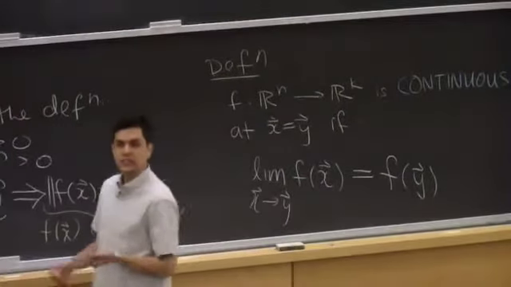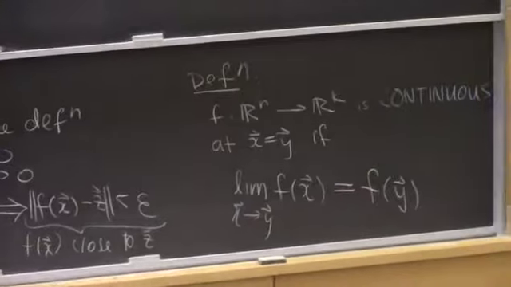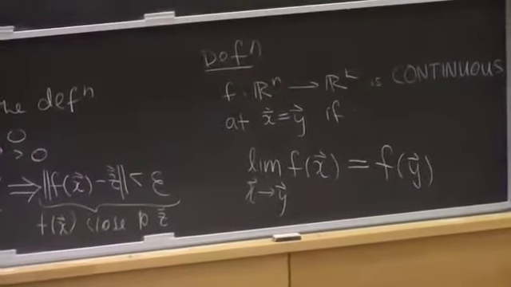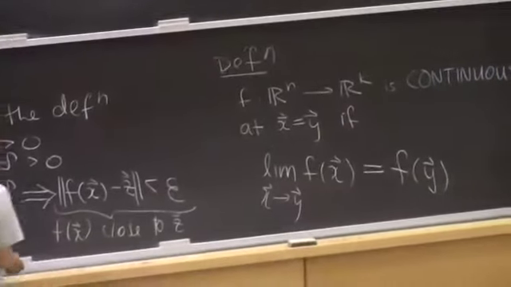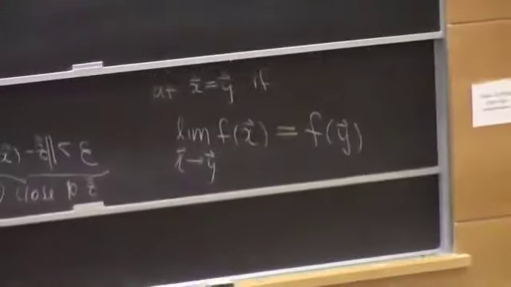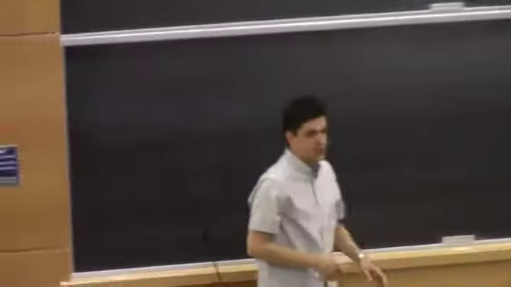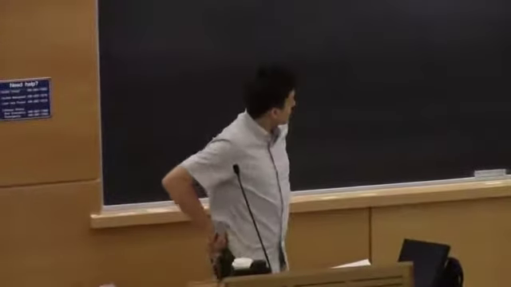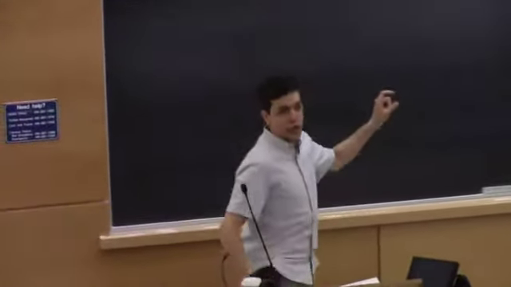So the idea is that the limit agrees with the function. Yes, that's continuous at the point x equals y. So that's continuity at one point.